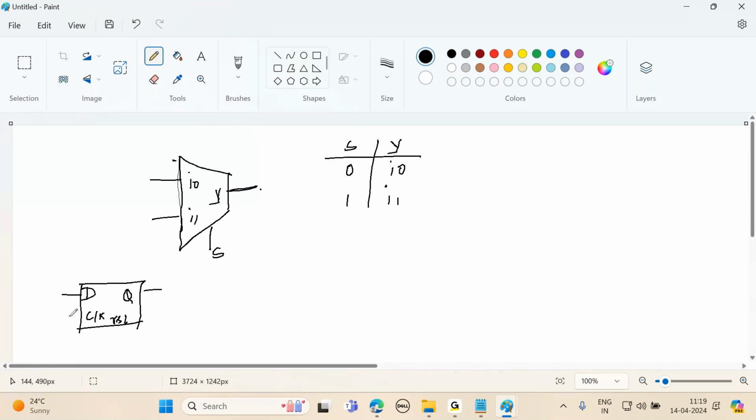But if I ask for a truth table, yes, you can write it. When reset is 1, Q is always 0. When reset is 0, Q takes the D value at the positive edge of the clock. This is the behavior of your D flip flop.